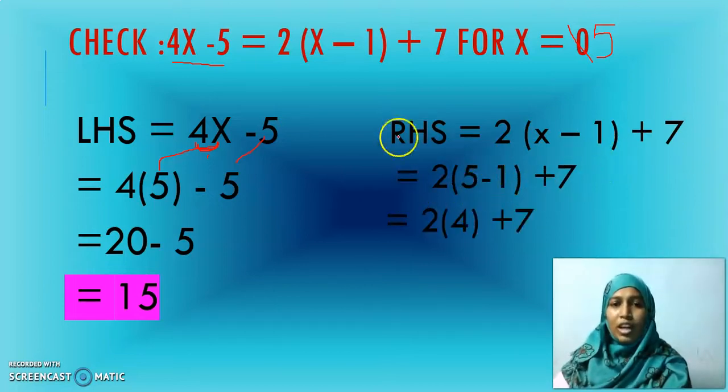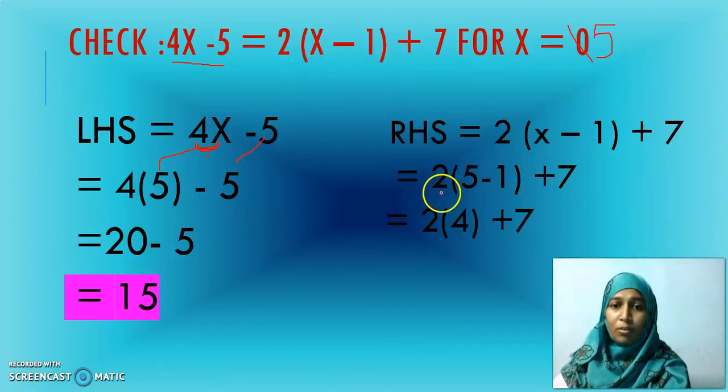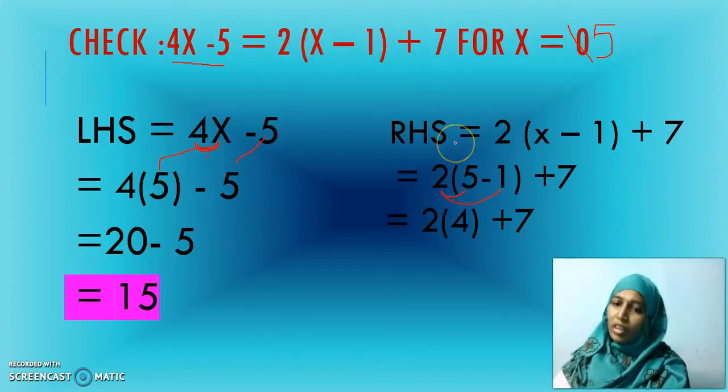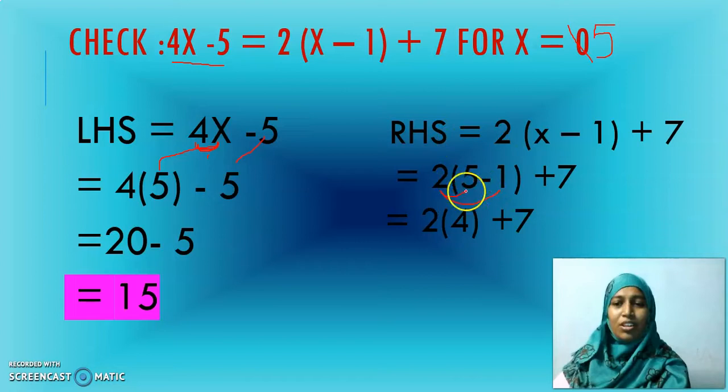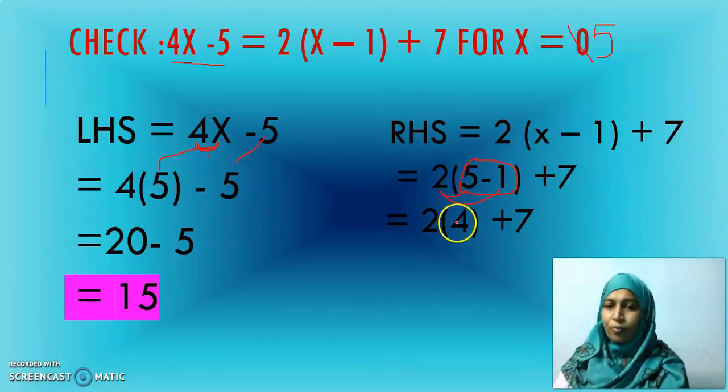As usual, you will think you have to multiply with both terms: 2 fives are 10, 2 ones are 2. Very good, that's right. But you need not go round about. You can simplify these two numbers. 5 minus 1 is 4. So 2 fours are 8.